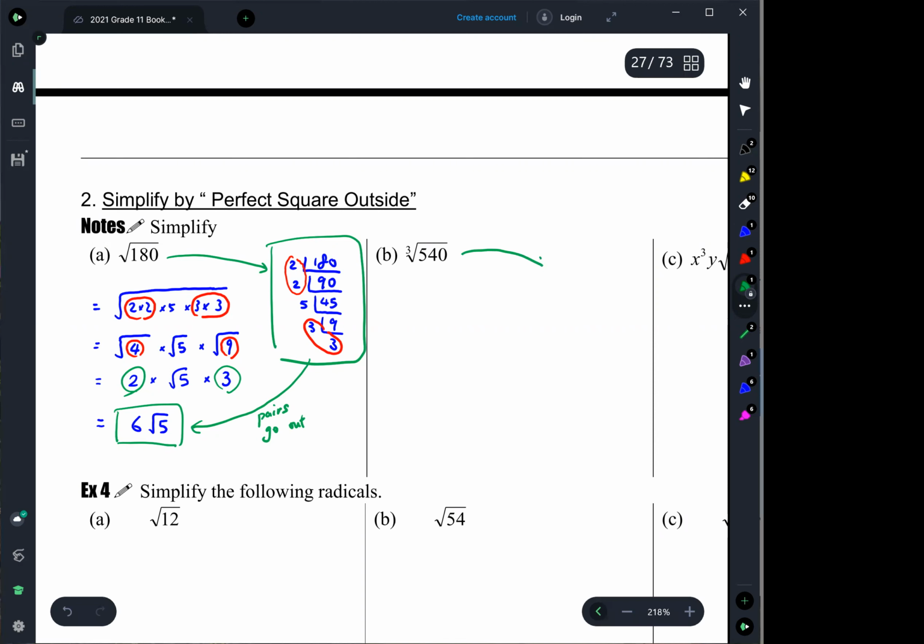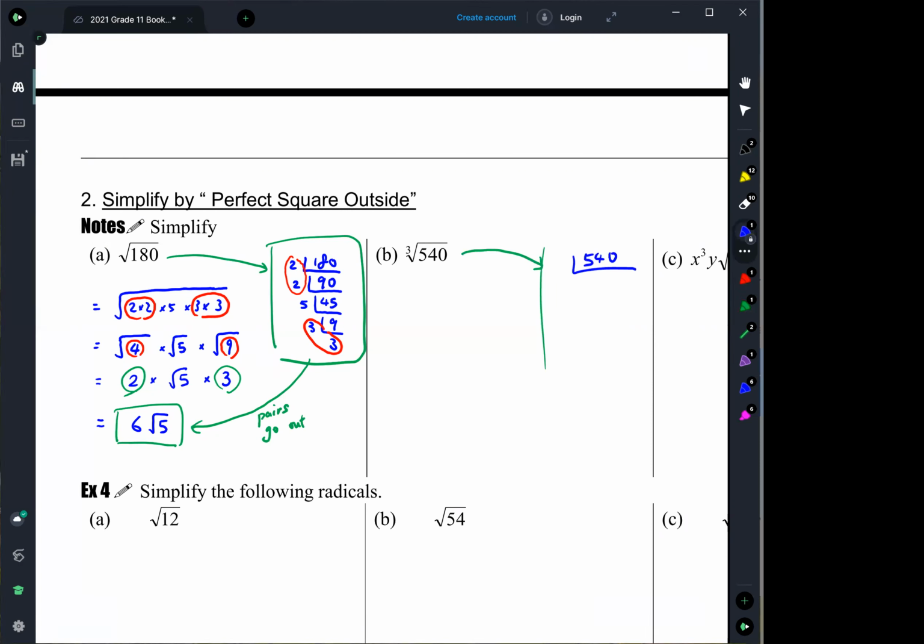We draw the chart on the side. 540. Please break it down into factors, and we are looking for triplets. Please raise your hand after you get all the factors. I'm going to do the first one. You could do a 2, so 270.